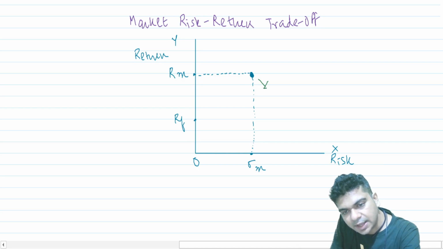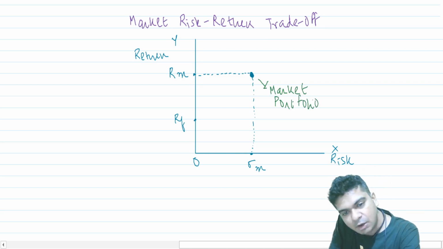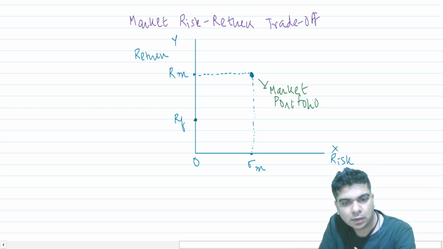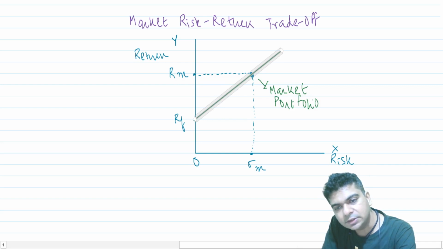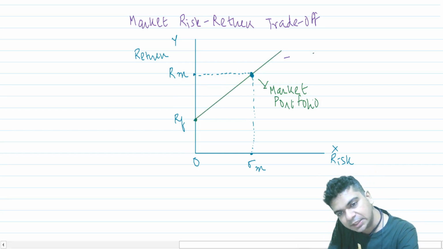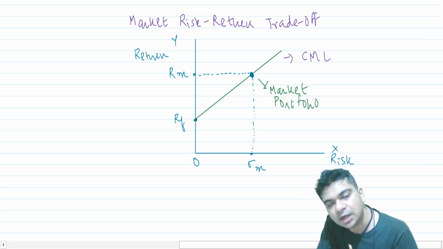This is where I have the market portfolio. And now I have these 2 points, this point and this point. I will join these 2 points. This line that I am getting, I will refer to as CML. By CML, I mean capital market line.